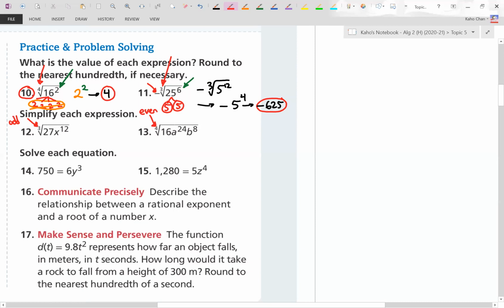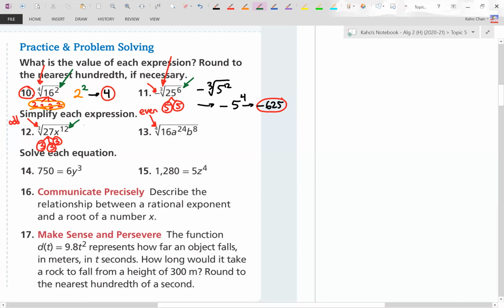Let's break down number 12 though. The number 27 is 3 times 9. 9 is breakdownable to 3 times 3. So there's my triple. X's, I have 12 X's. That can be divisible by the 3 on the outside. 12 divided by 3 is 4. Remember, just think about it.